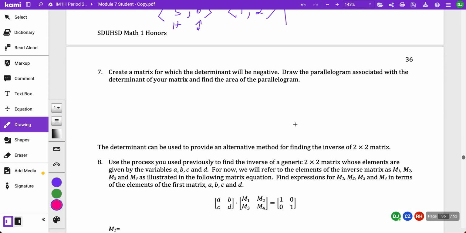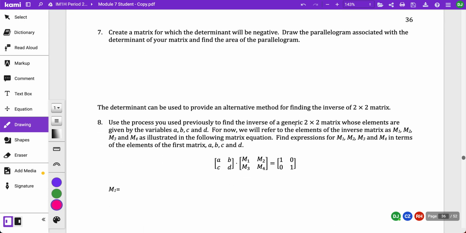Okay. So now, guys, these next two parts are basically deriving a formula on how I can use this determinant in order to help me find the multiplicative inverse. So I am basically going to derive a shortcut so then you can use this shortcut when we solve it.